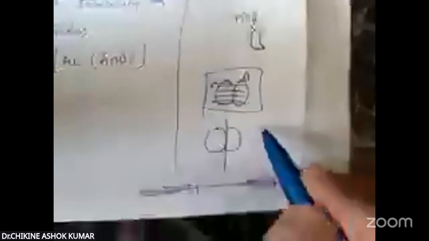Is it clear? A is this circle, and A bar intersection B is the portion like this. They are touching, but there is no common region between them. So these two are disjoint events, or mutually exclusive events. According to the axioms of probability, if any two events are disjoint, then their union becomes the sum of their individuals.